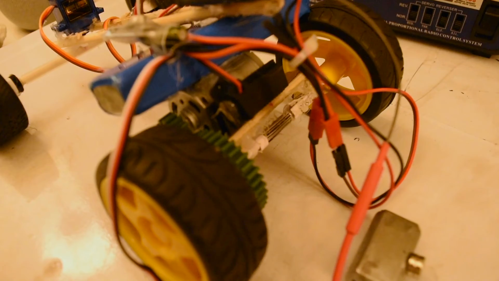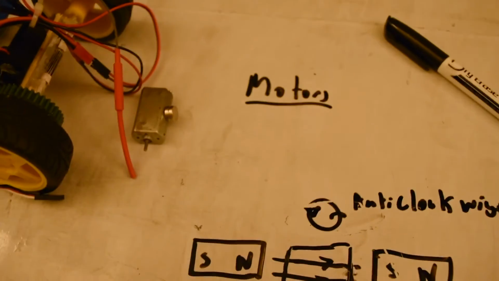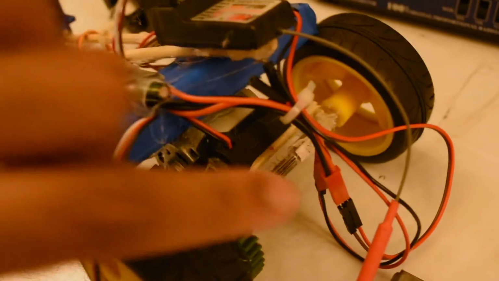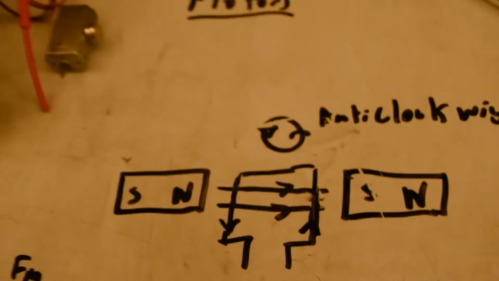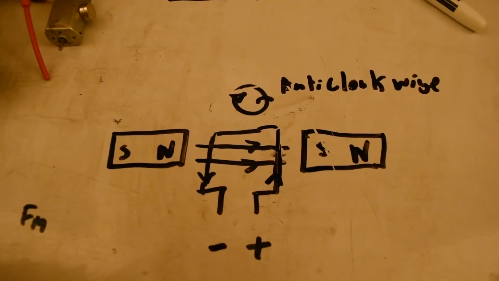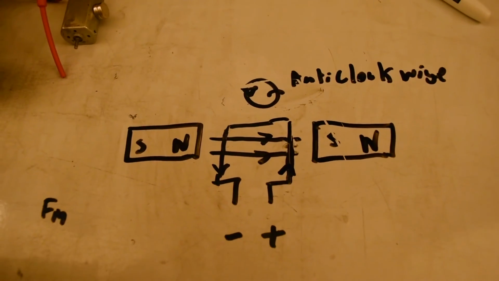In order to convert the electricity into rotational force, I have used a DC motor. And on top of that DC motor, as you can see, I have attached a magnet. Now, why? Well, in order to understand the why, we need to understand the how.